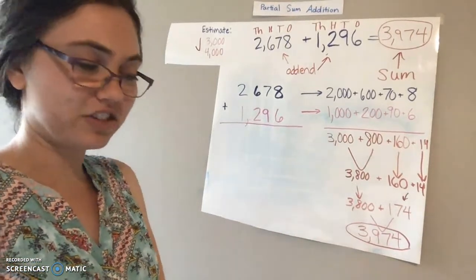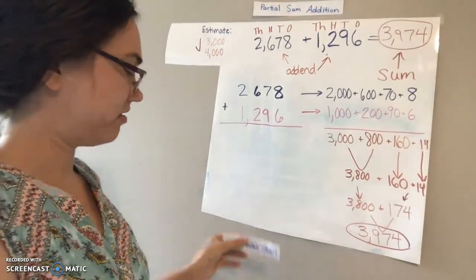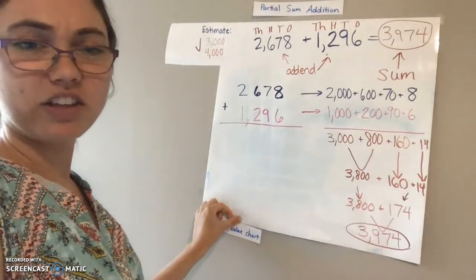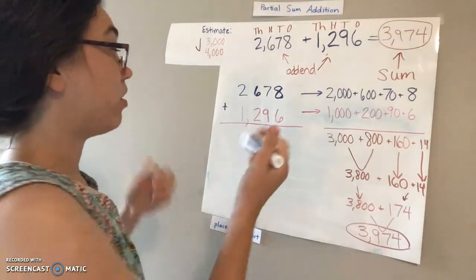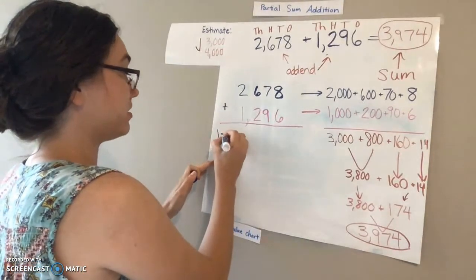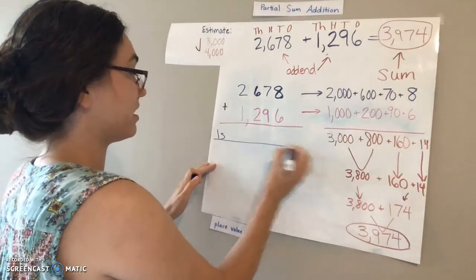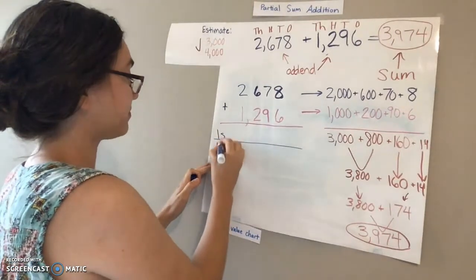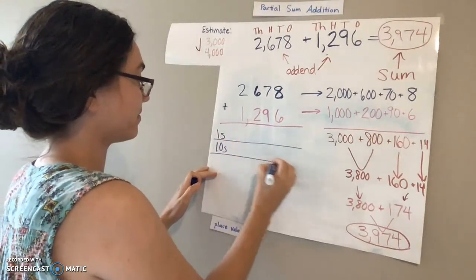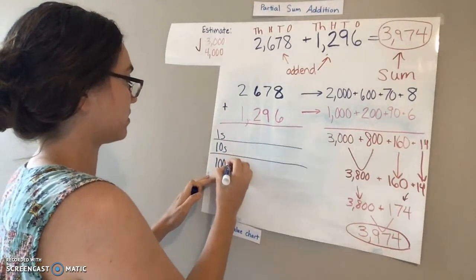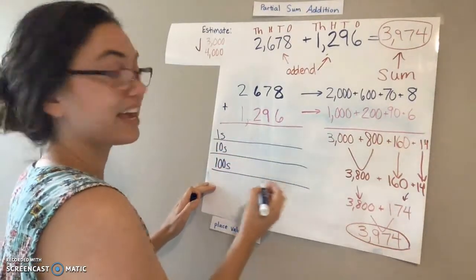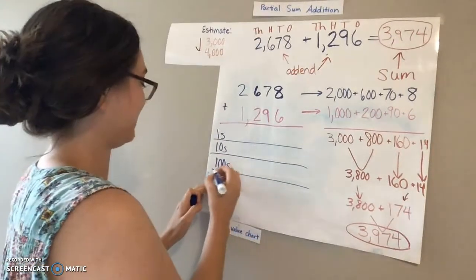We also used a strategy that I like to call the place value chart. And so we looked at ones, tens, hundreds, and finally thousands.